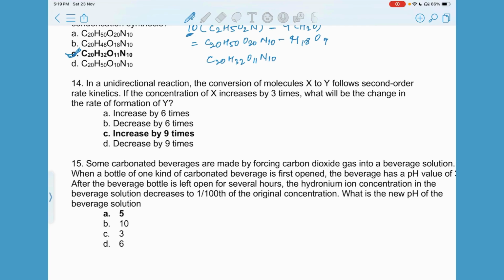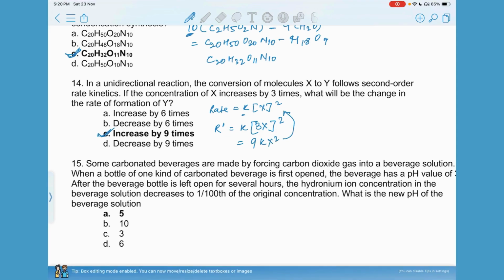So in second order reaction kinetics, the rate of the reaction is proportional to the square of the concentration of the reactant, where k is the rate constant and X is the concentration. So if the new rate becomes R dash, as the concentration is multiplied by 3 times and squared, that is 9kX square, that is 9 times the original rate. So option number C.